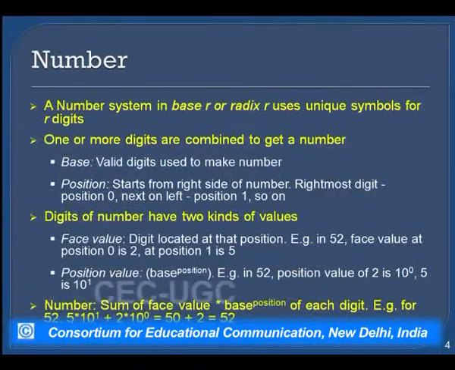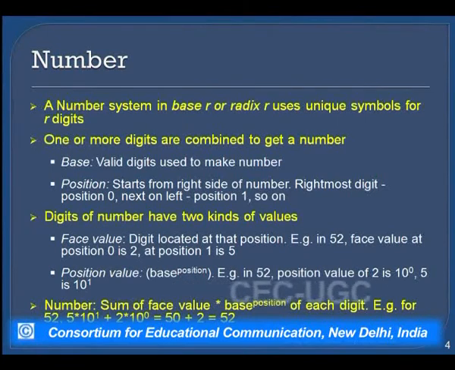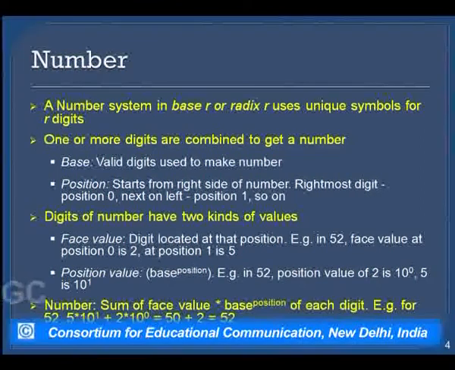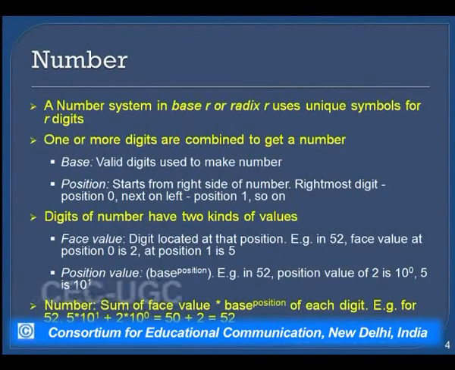If we talk about the position value, it is the base to the power of the position. 52 is a decimal number, so the base is 10. For the 0th position, the position value of 2 is 10 to the power 0, and the position value of 5 is 10 to the power 1.